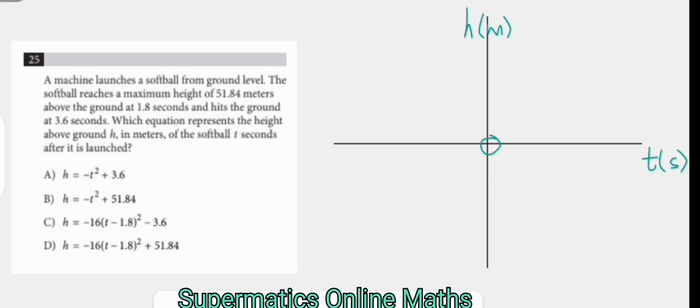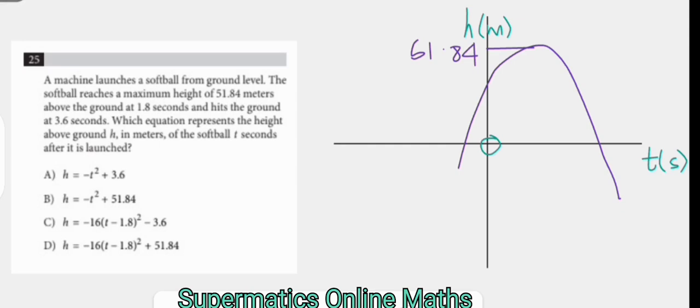So the curve is something that looks like this, where the maximum height, that's the maximum h value, is 51.84. This height was reached in 1.8 seconds.